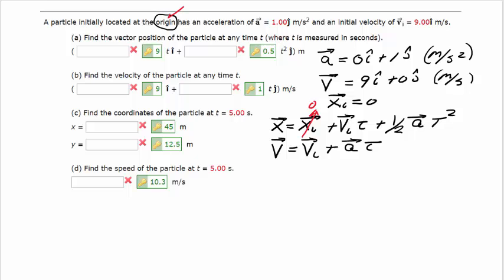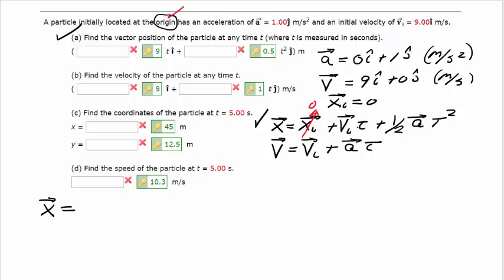Part A is asking us to find the vector position of the particle at any time, where t is measured in seconds. So I'm going to be working just with this equation here. Again, we know our initial position is 0. So it says to take the velocity and multiply it by t.